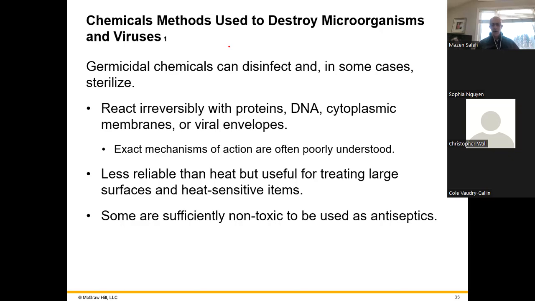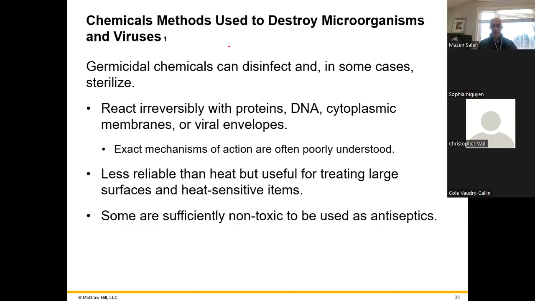It is quite good for treating large surfaces and heat-sensitive items. Again, if the physical methods that we've described are not suitable for the specific application, because it changes the physical properties or flavor or color, texture, etc., then you may be able to use the chemical methods.